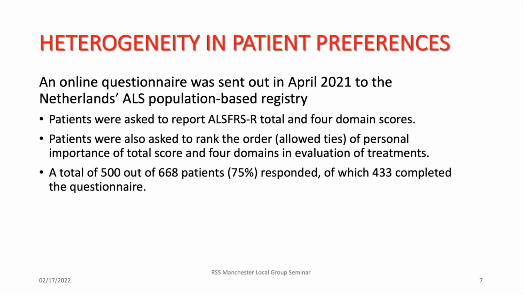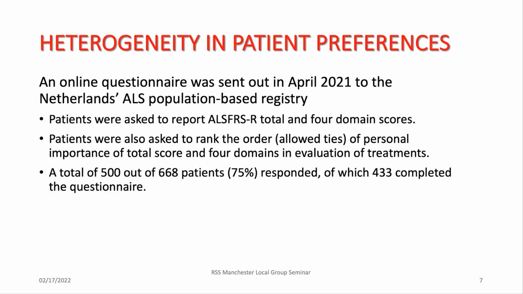So last year, we did a very quick survey through a Netherlands ALS population-based registry. We asked patients, if we do a trial and we report ALSFRS, which one is most relevant to them?